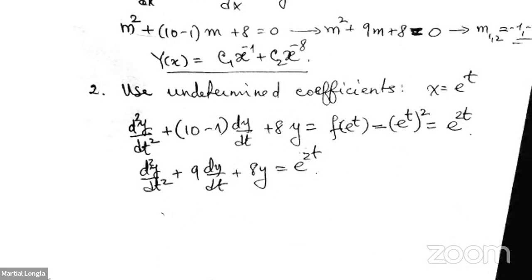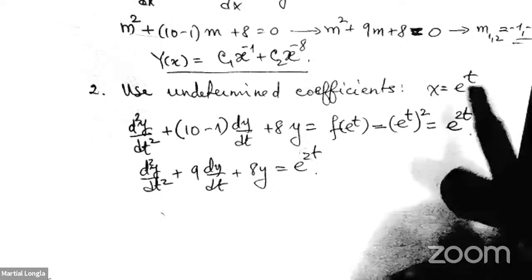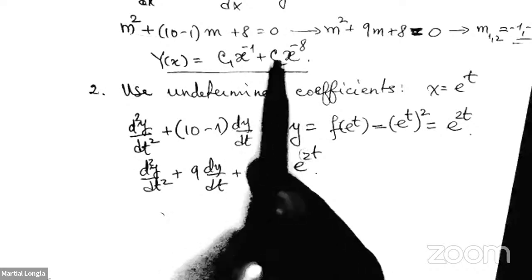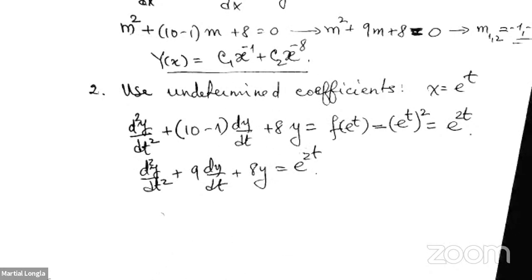Therefore, we don't need to multiply by x. Those are the cases of the method of undetermined coefficients where you need to check alpha, right? Because x being e to the t, I can just replace x by e to the t and see the corresponding solution there.